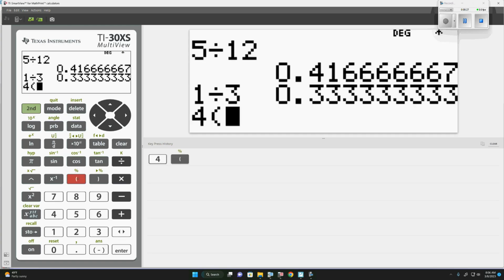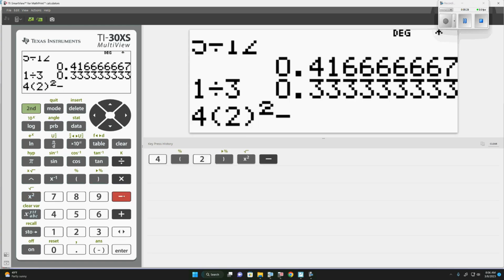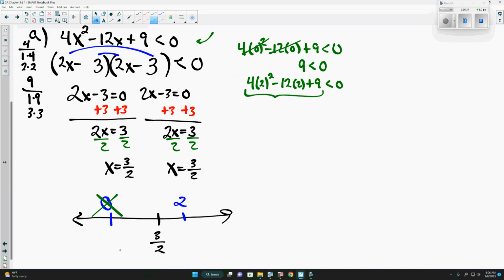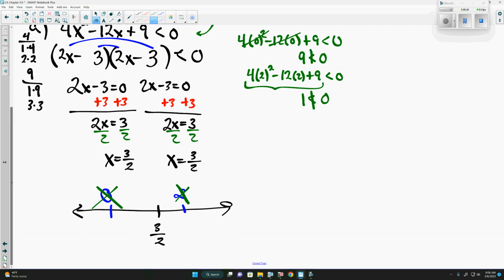We have 4 times 2 squared minus 12 times 2 plus 9. Enter. It is 1. Is 1 less than 0? Well, no. And we know at this point it is equal to 0, yes? So it'd be an open circle.